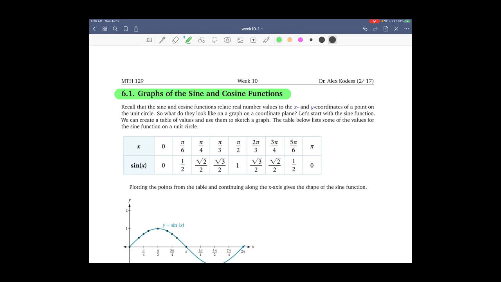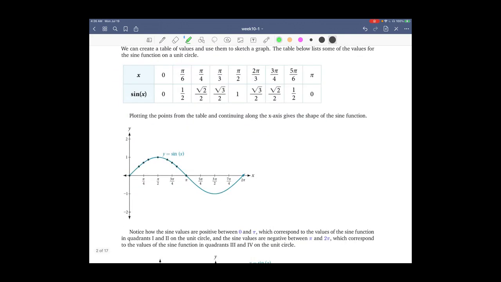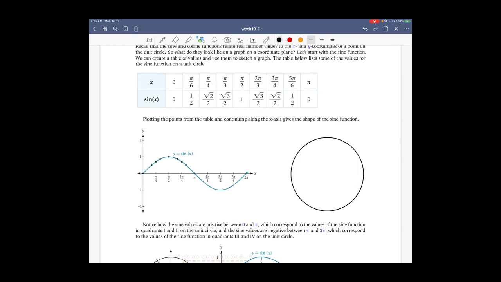We will certainly refresh some of the properties of these two functions as we begin using them while drawing their graphs. But let's first recall the definitions. Recall how we defined the sine and cosine functions. We start with the unit circle, whose center is at the origin.